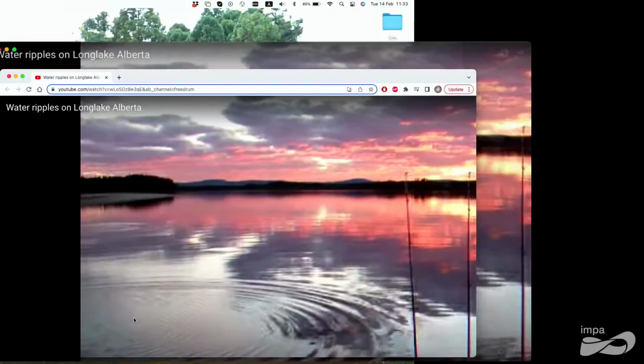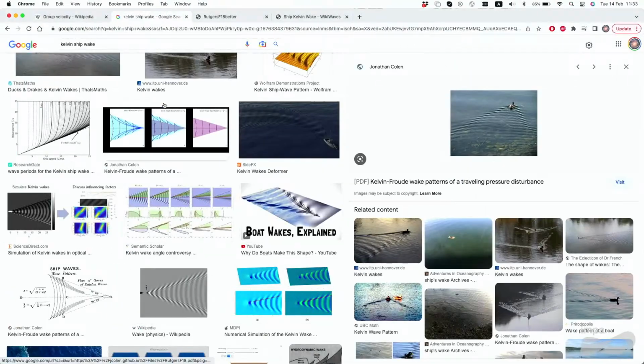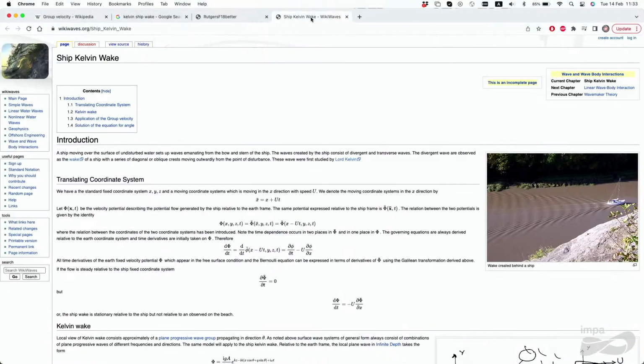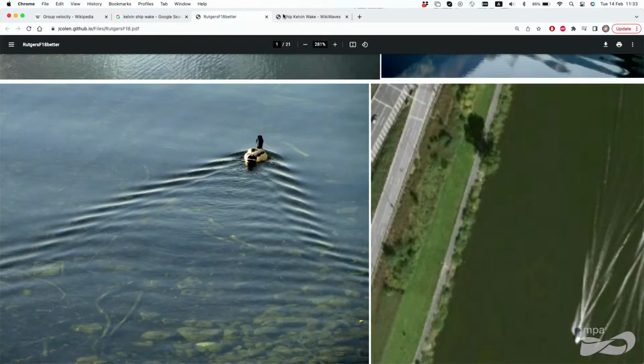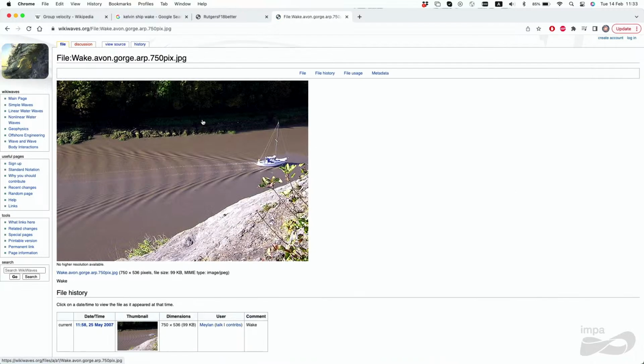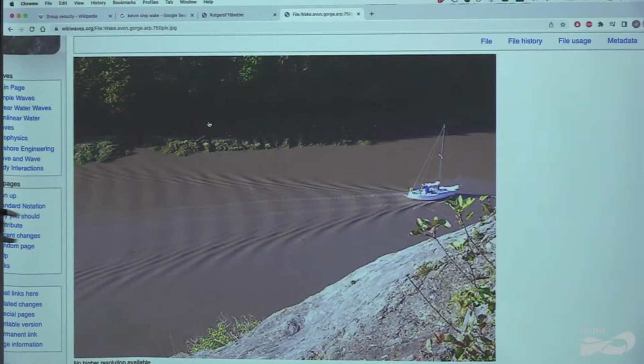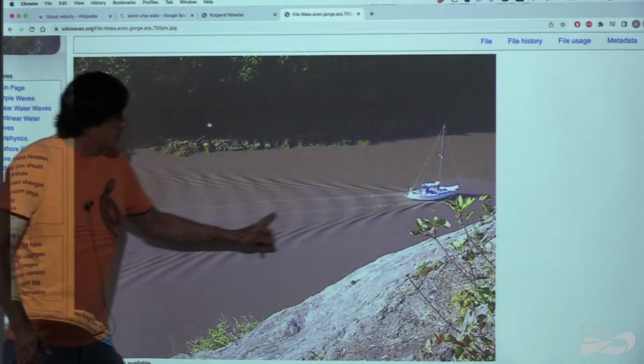So the application that I would like to show you has to do with the wave which you see beyond the ship. When the ship moves, you see the wave that it leaves behind.